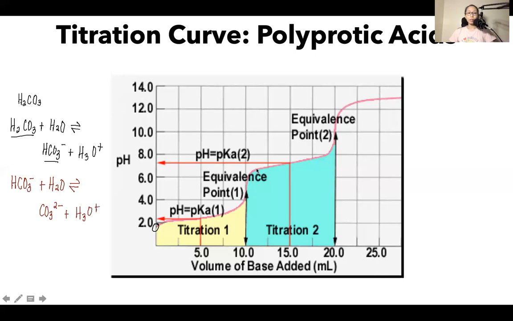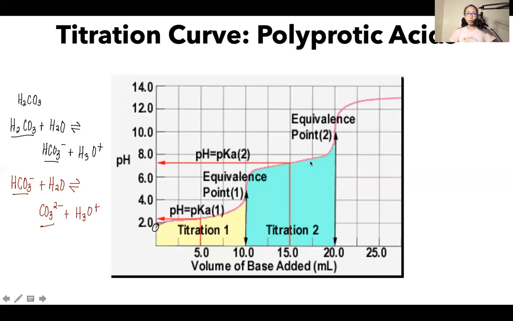So there will be a slight rise in pH again, followed by the buffer region. In this case, the components of the buffer are bicarbonate and carbonate.